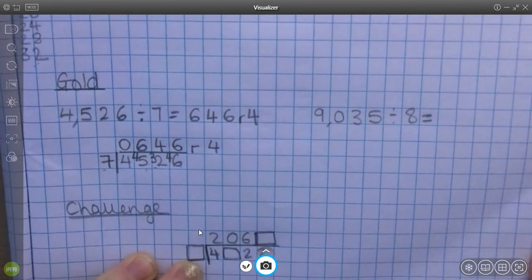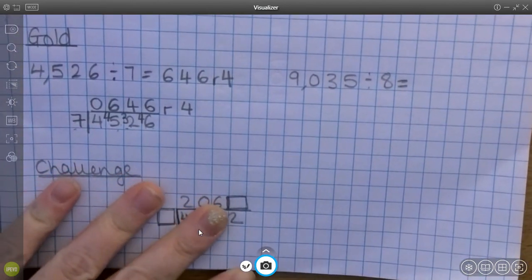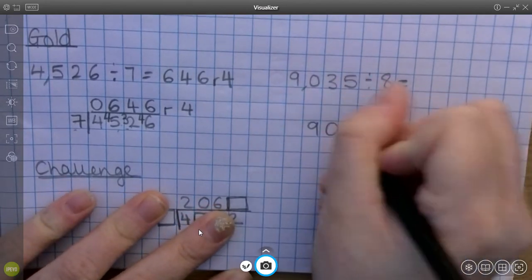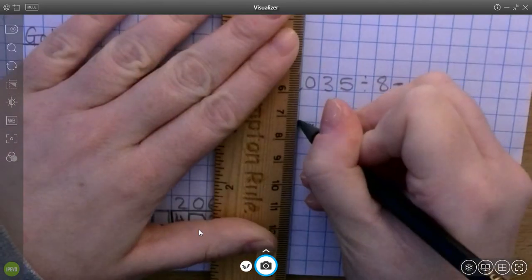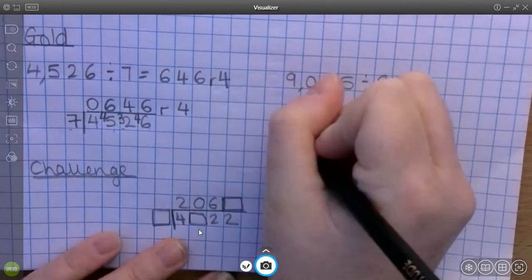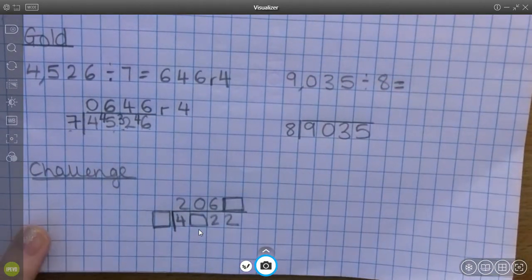Let's look at one more to really make sure we are securing our knowledge here of what we're doing. So 9,035 divided by 8. Well, I want you to shout at the screen this time.